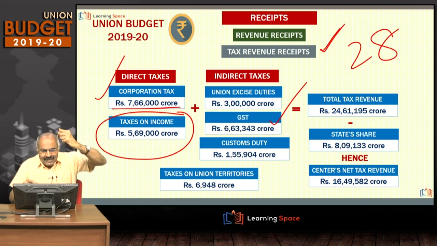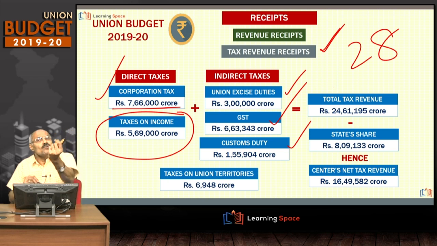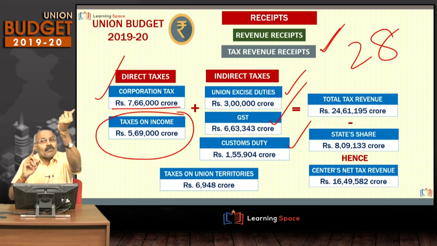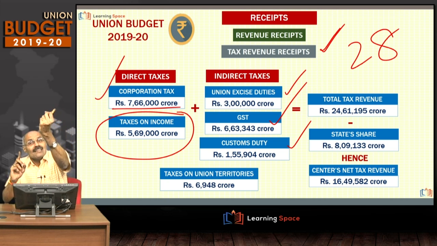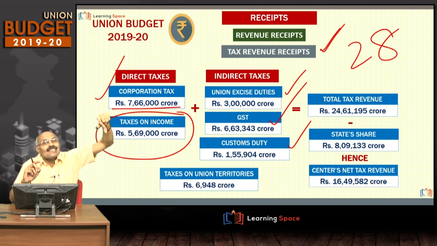And friends, there are two other components. Don't forget union excise duties. Why are union excise duties coming into picture after the introduction of GST? Because certain things are not brought under GST. Still there are certain things like electricity, like petrol, like diesel, these are outside GST, right?